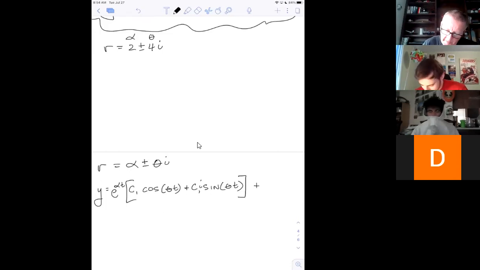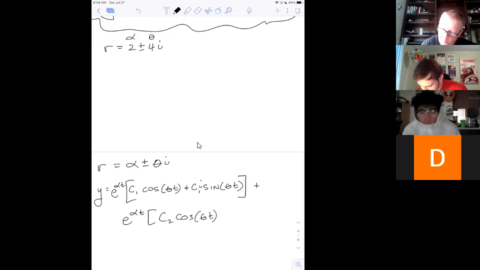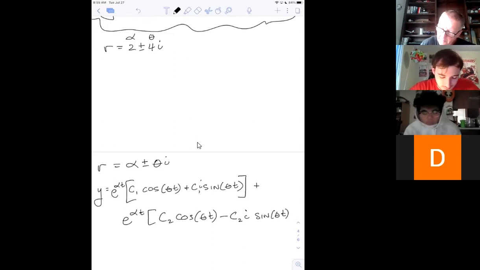And then it went on to say plus again e to the alpha t, except this was the second answer. So it's still cosine of the exact same answer as before, but then this was a minus sign. That's the only difference, right? And a different constant, and there's still an I. Isn't that what we're saying our answer is to this?